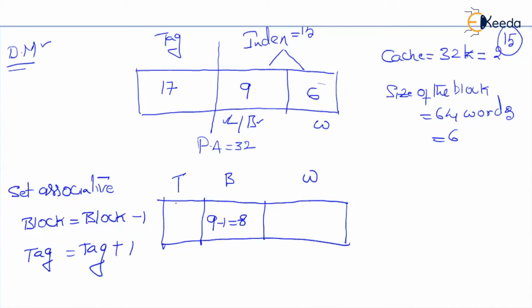Tag is 17 plus 1, which is equal to 18. So 18 tag digits, 8 block digits, and 6 word digits.